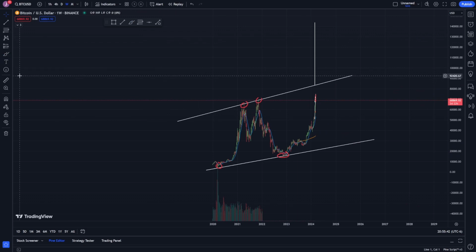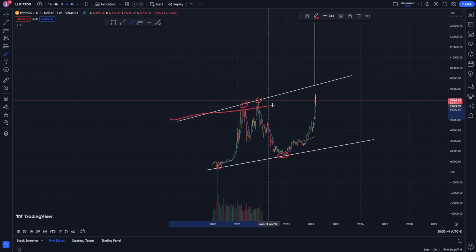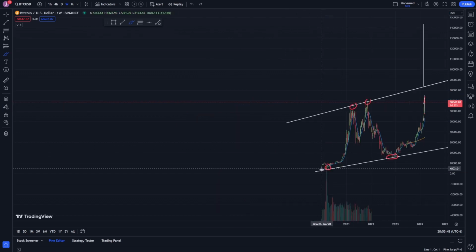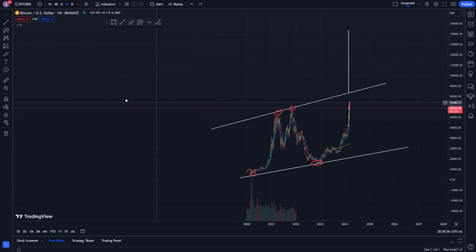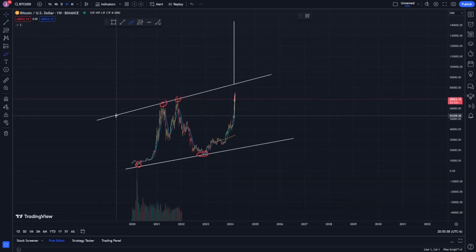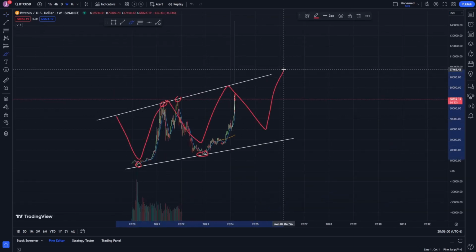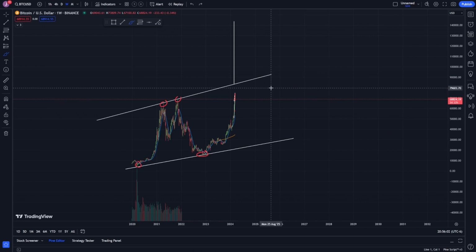We have the top, and then we have the bottom. It didn't technically come down here and bounce, but we've got resistance. My point is it's a widening channel. It seems like it's getting bigger, and I feel like those are pretty bullish.